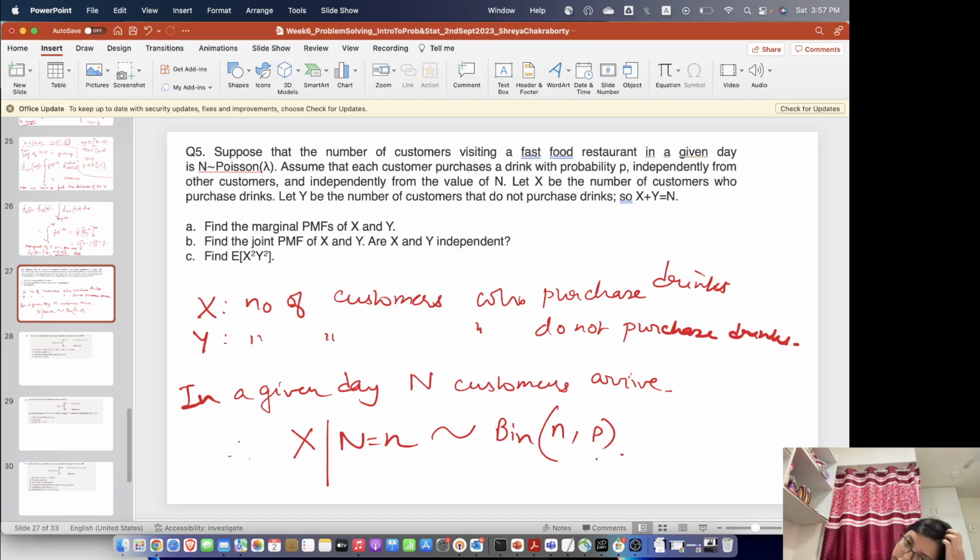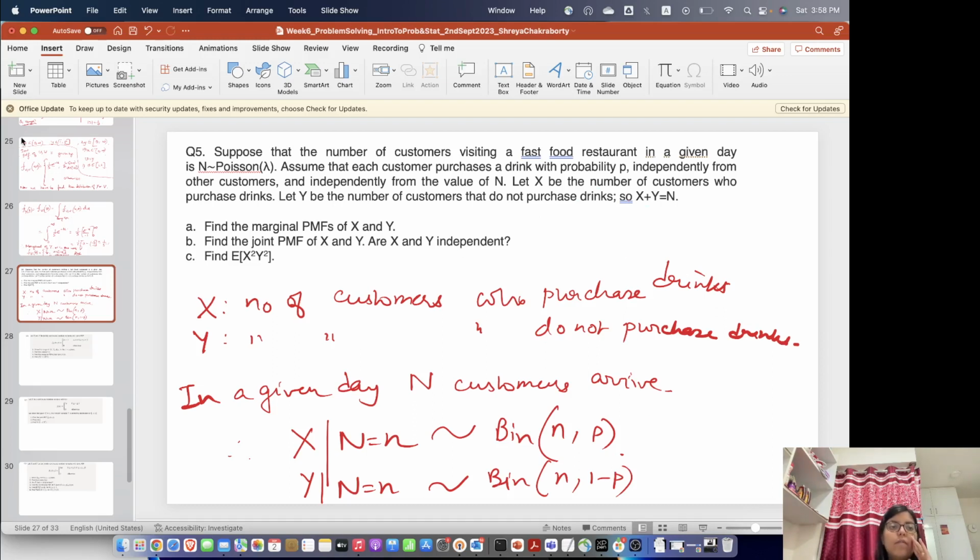So success is purchase of drinks. Given that n customers have arrived in a day, conditioned on n, x follows a binomial n, p, where p is the probability of success. Similarly, y given n equal to n follows binomial n, 1 minus p, because the customers do not purchase drinks. And also we have that x plus y is n.